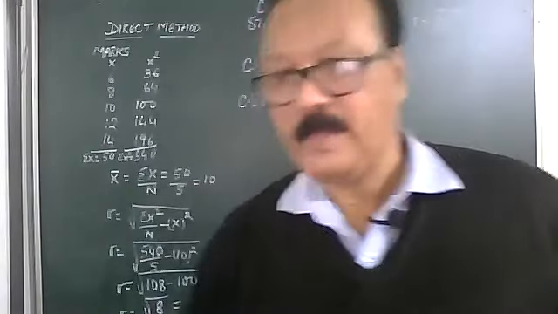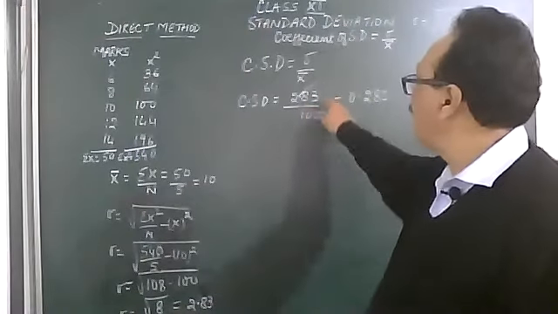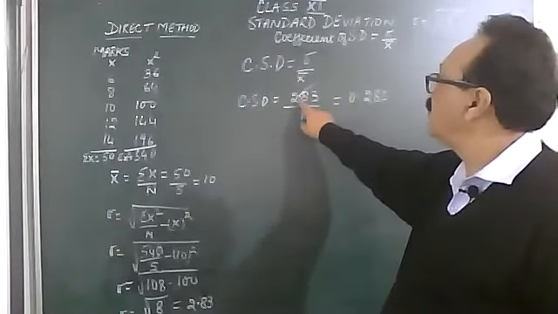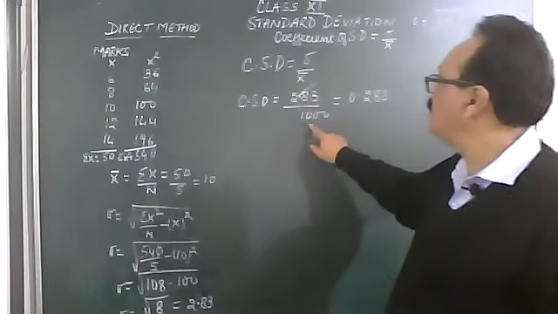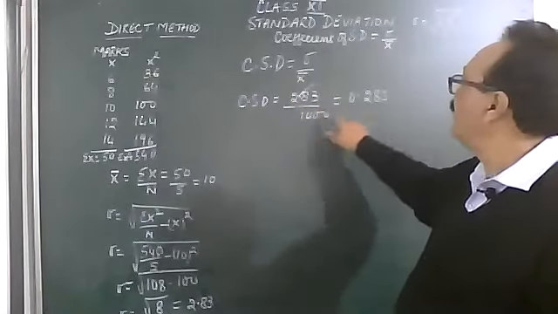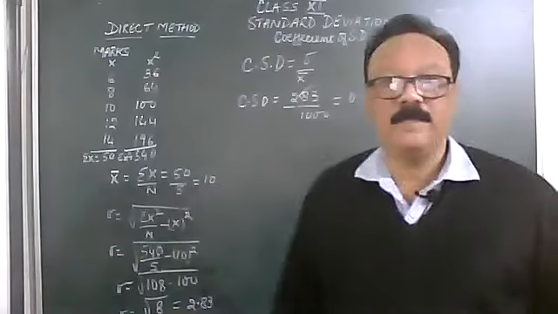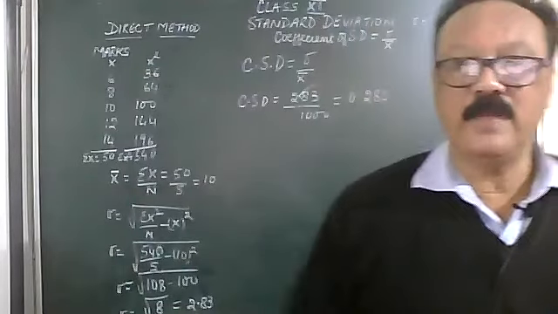And standard deviation is 2.83 upon mean, which was 10. Remove these two places of decimal, put 2 zeros down. So it becomes 283 upon 1000, which is 0.283. That is the coefficient of standard deviation.